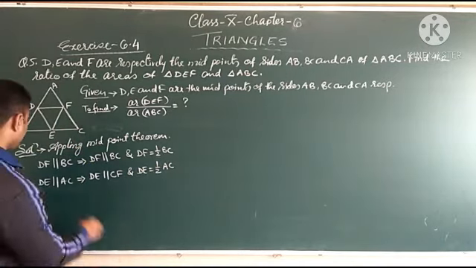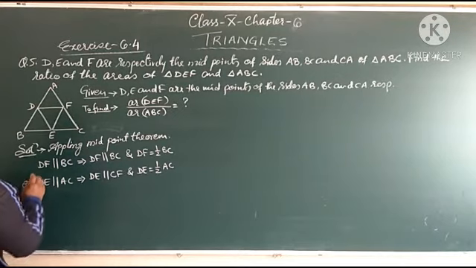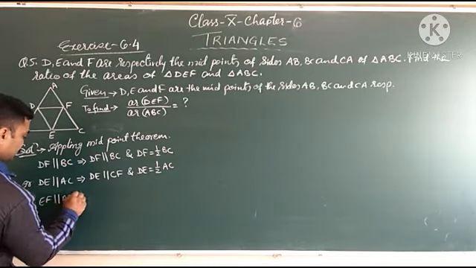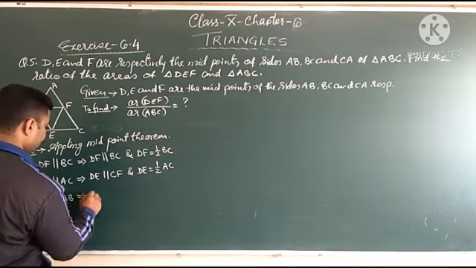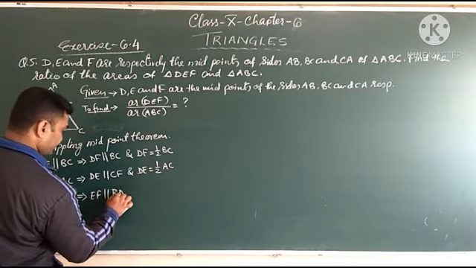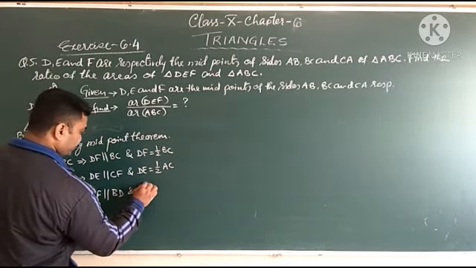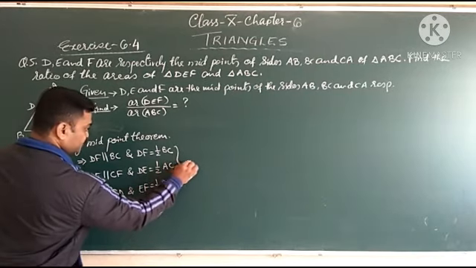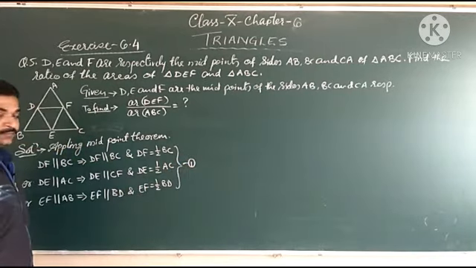Clear? Or EF is parallel to AB. This implies EF parallel to BD and EF is equal to half of BD. It is our equation number 1.